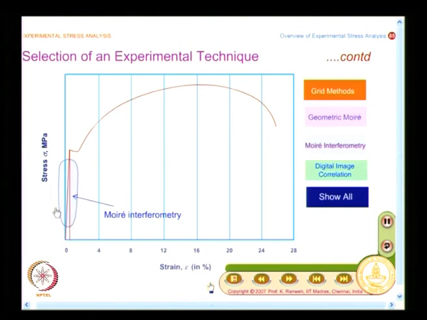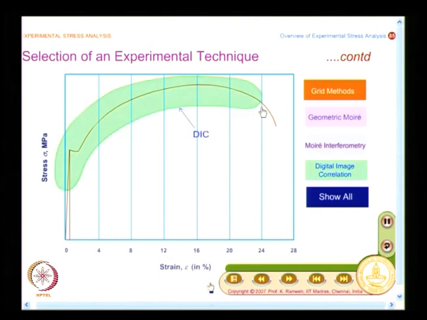And these are pictorial representations, numbers are not given. So, you find that this is the range that you are really working with Moire interferometry. And when I come to digital image correlation, I can go from this to this, and I have already said that this can be brought down by improvement in technology. Researchers are working across the world, and they bring this down to as close to 0 as possible.